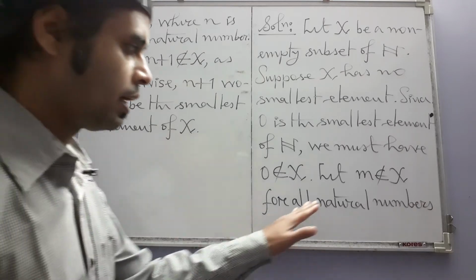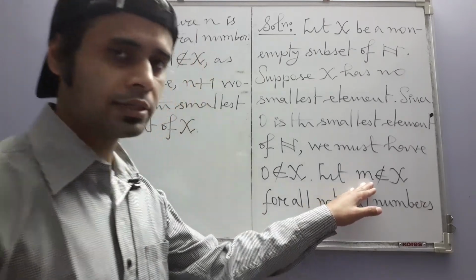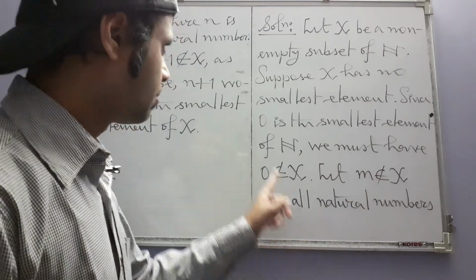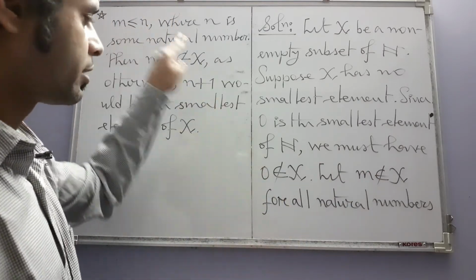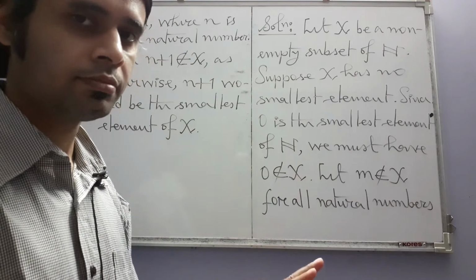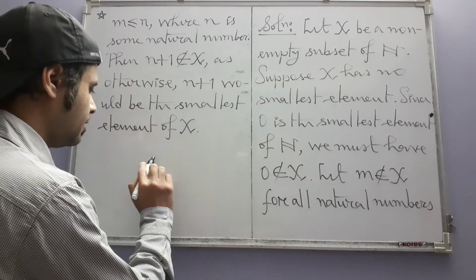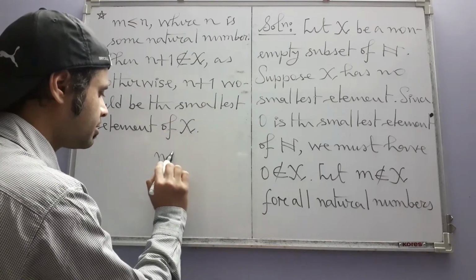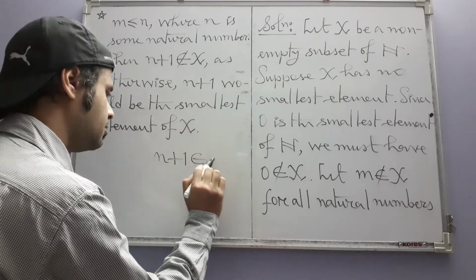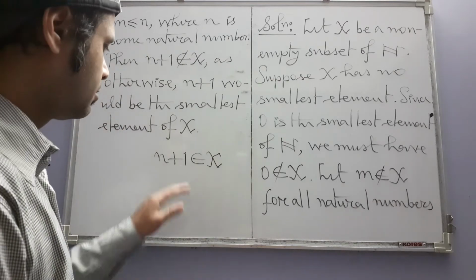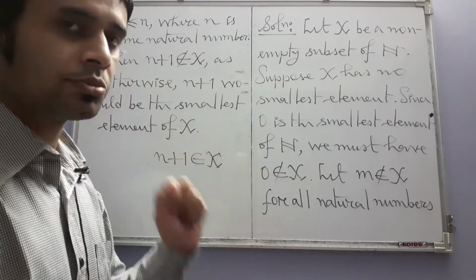Because you see, according to this assumption, our induction hypothesis, none of these natural numbers belongs to X. Now, in this situation, if otherwise n plus 1 is in X, then n plus 1 has to be the smallest element.